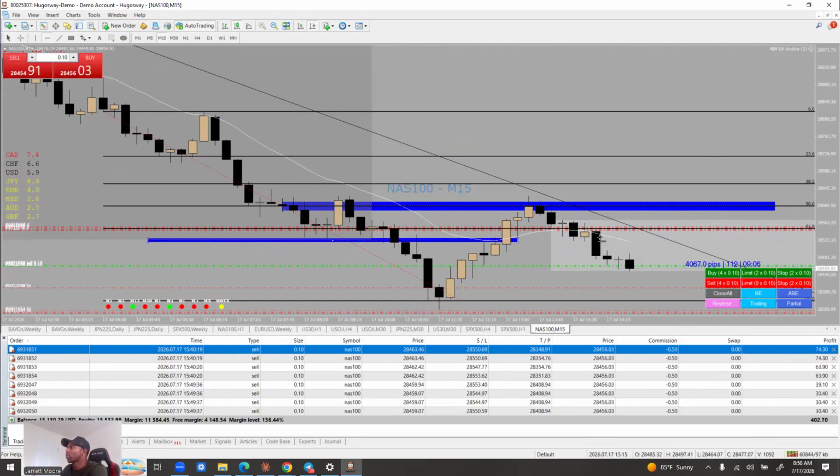What I want to see now is if this is not going to get tagged. See if we can respect this area of resistance. I only really want to go right here.